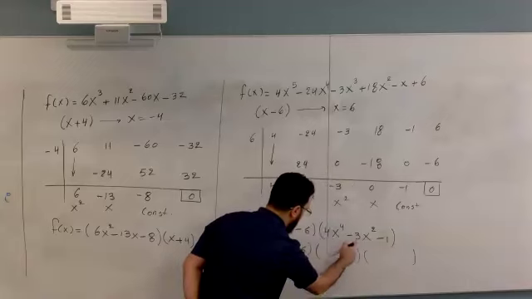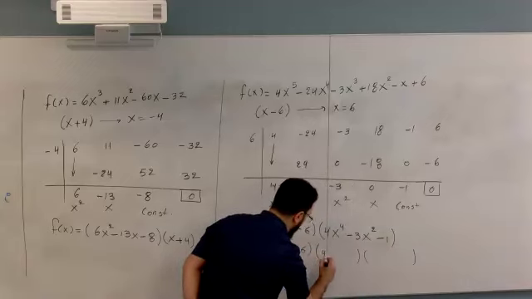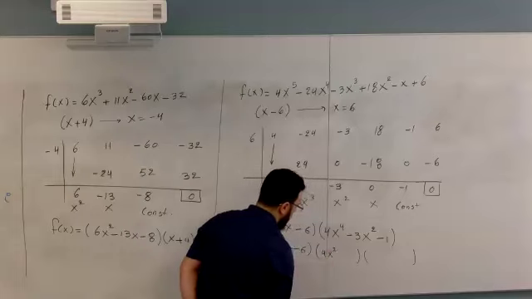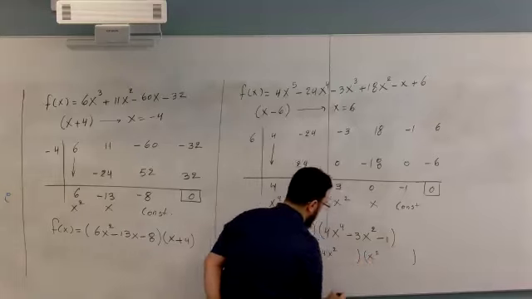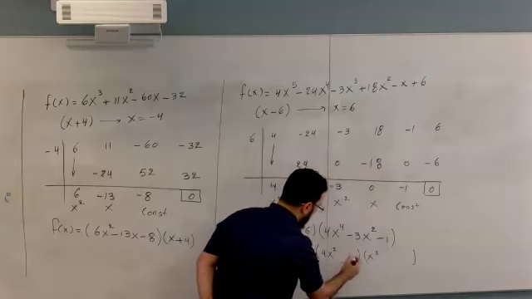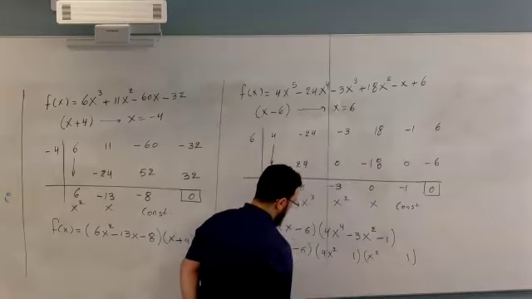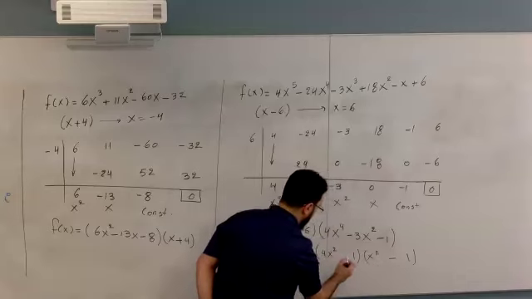Right down here, I need to get -3. So I'm going to say here is 4x squared, and here is x squared. Put down here 1 and here 1. I'm going to put negative here and positive here.